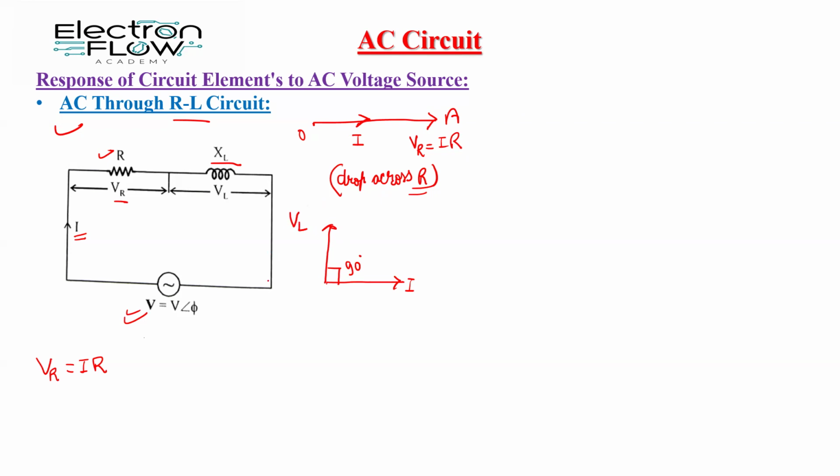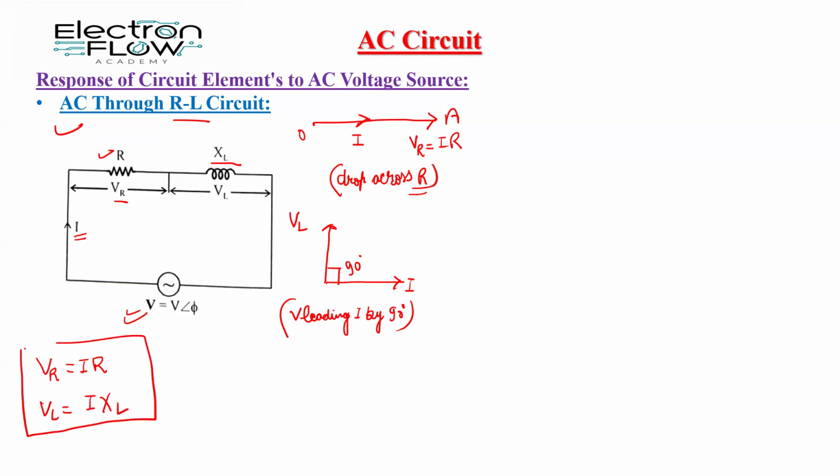So we can say that the voltage is leading the current I by 90 degrees. This is the case of pure inductance. The voltage drop across the inductor is given by VL equal to I times XL.